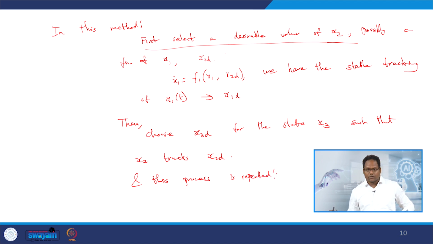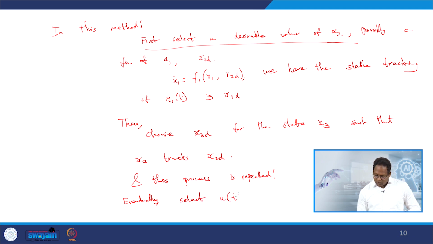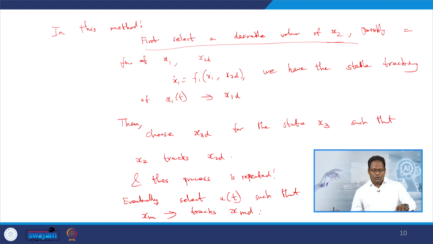That is why it is a recursive process. Eventually, we need to select the control action u of t such that the last state xm tracks xmd, the desired value for xm.